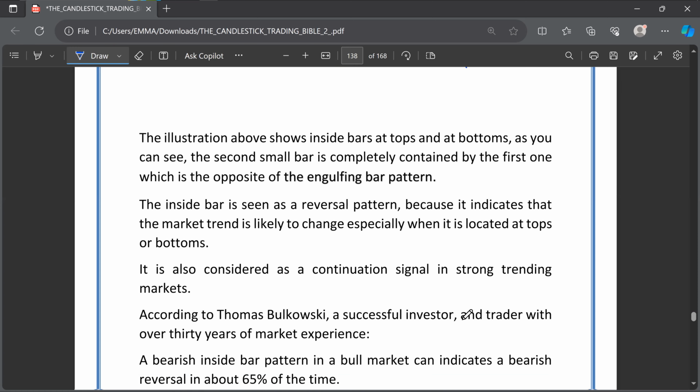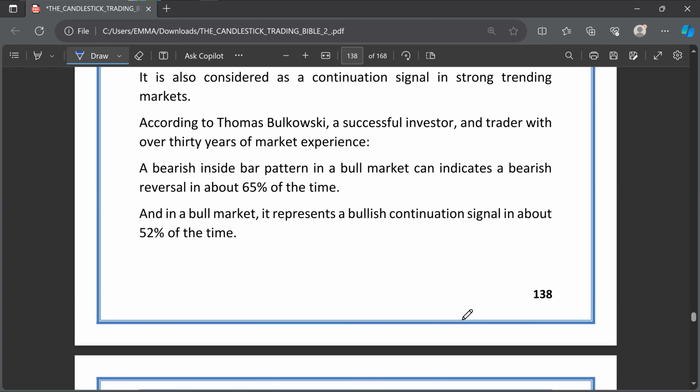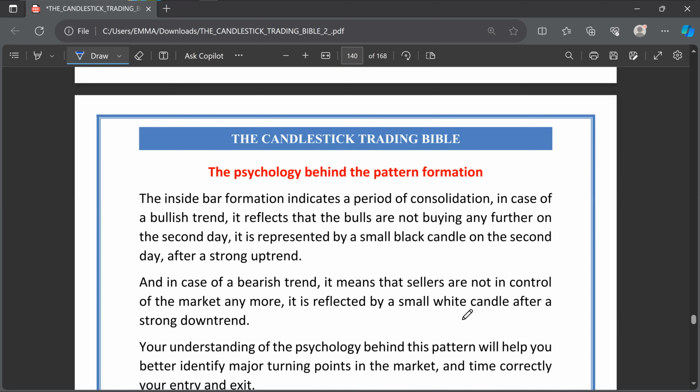So we are not going to waste time reading this. We are just going to look at the formation behind that, right? The inside bar formation indicates a period of consolidation. In case of a bullish trend, it reflects that the bulls are not buying any further on the second day. It is represented by a small black candle on the second day after a strong uptrend.